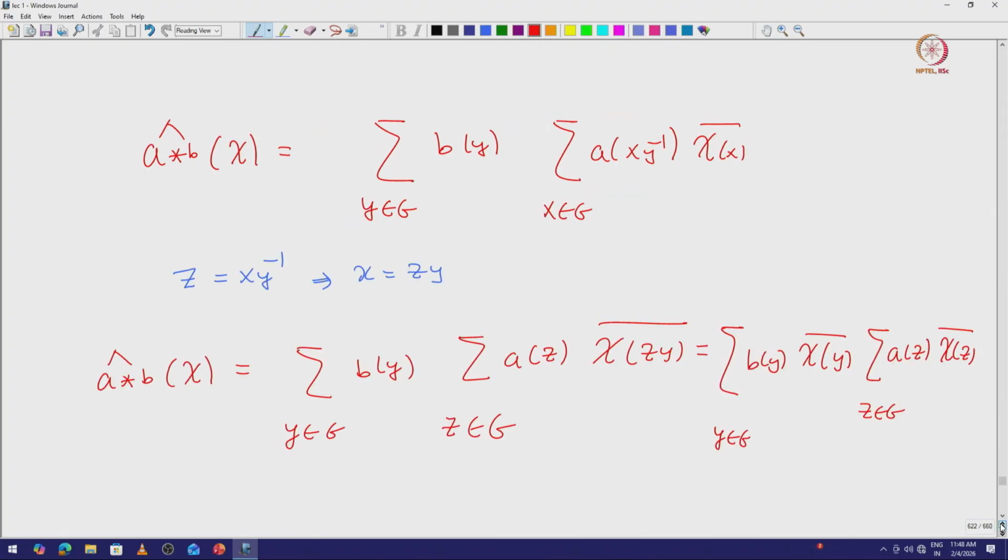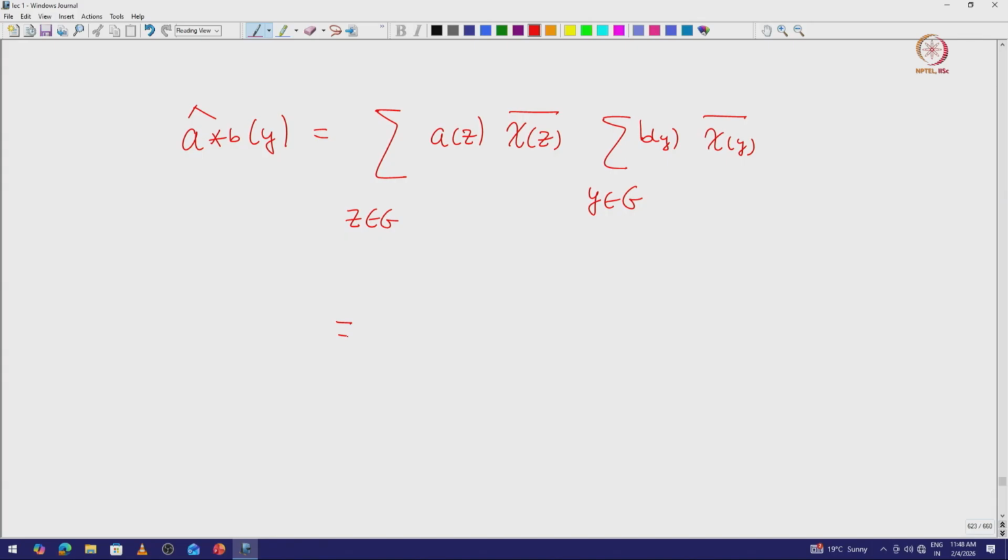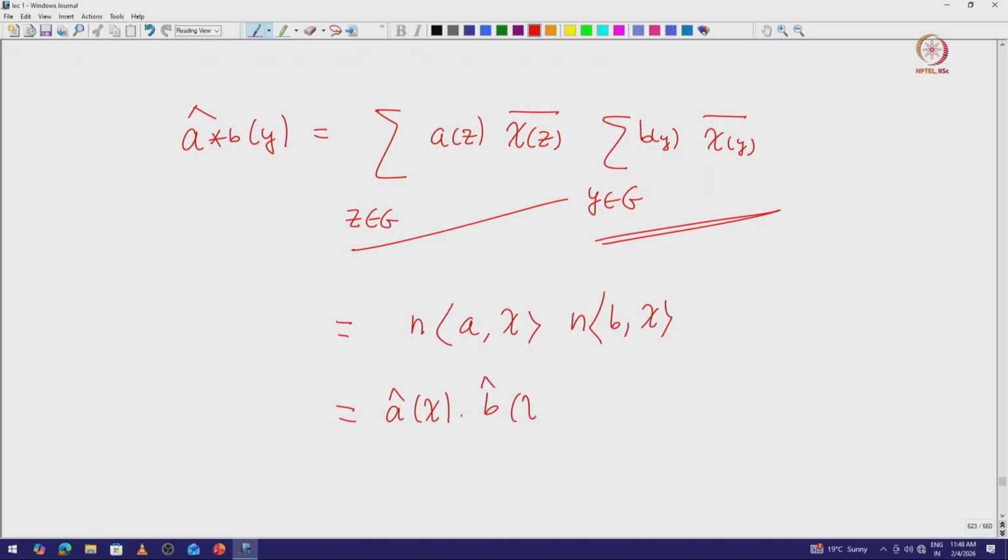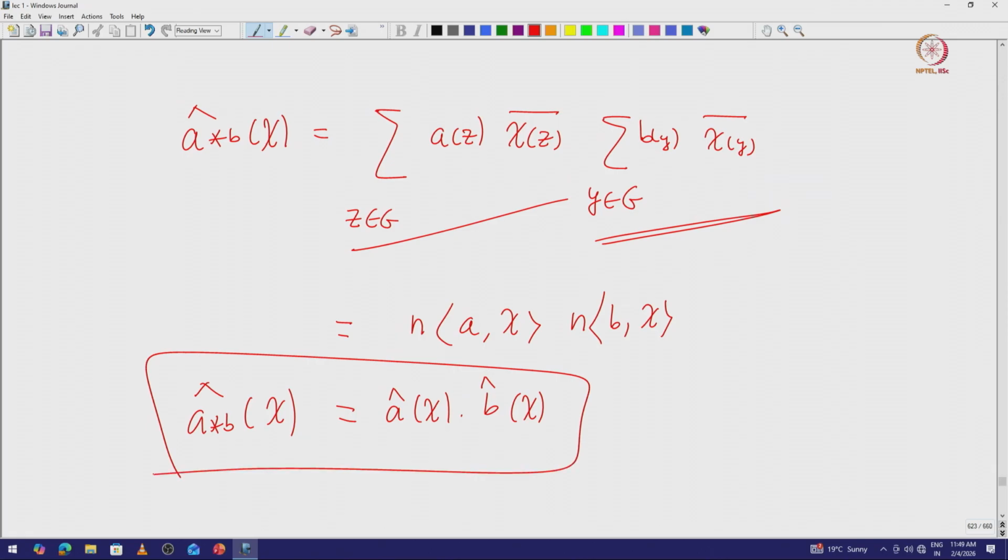So, we are just rearranging the terms. That tells you that this is an inner product and this is an inner product. So, this is n times the inner product of A and chi, and this is n times the inner product of B and chi. So, basically this is exactly A hat of chi times B hat of chi. That tells you that the Fourier transform of A star B at chi is exactly equal to the pointwise product of A hat of chi and B hat of chi.